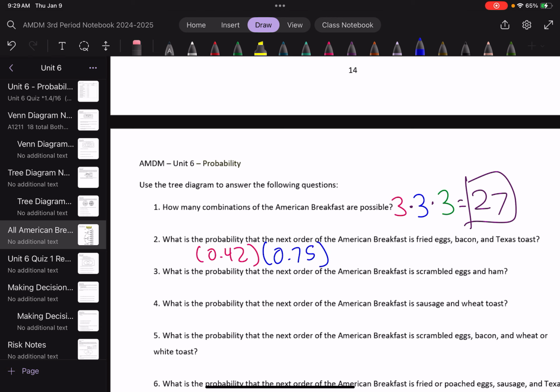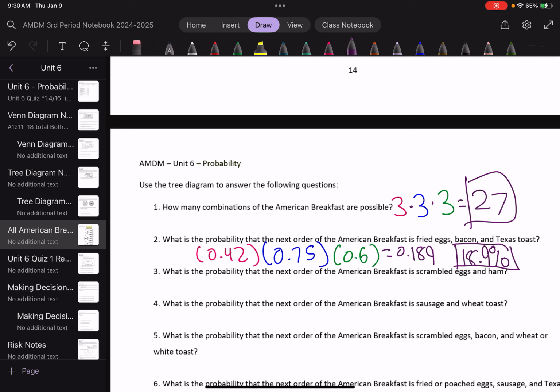Texas toast was also the majority, with 60% of people choosing it, so 0.6. Multiply those together and you should get something along the lines of 18.9%. In decimal form, the calculator will give you 0.189, which is 18.9%.